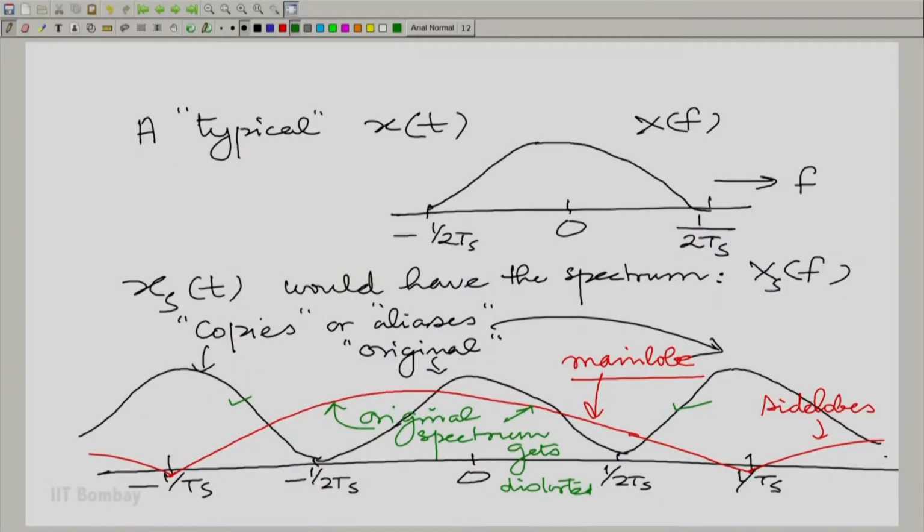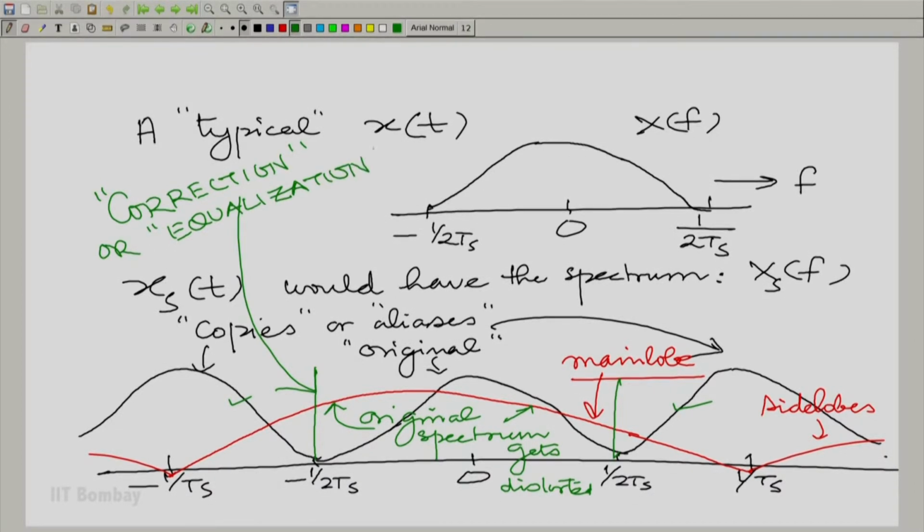So, let us make a note of that. Let us go back to this drawing. So, you see, basically we need equalization here in this part. Let me mark it in green. I will say correction or equalization needed.